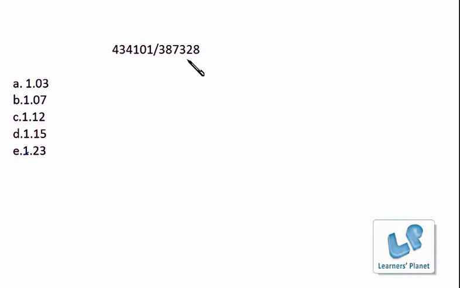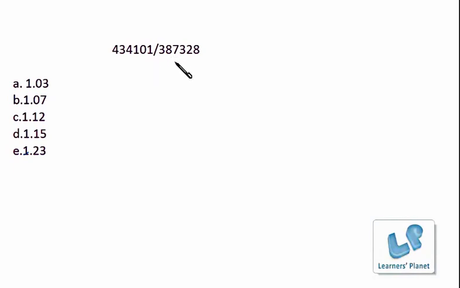Now what happens in this case if you do it? Here you are giving an increase of 16,000 to make it 4,50,000, and here you are giving an increase of 13,000 only to make it 4 lakh, right?